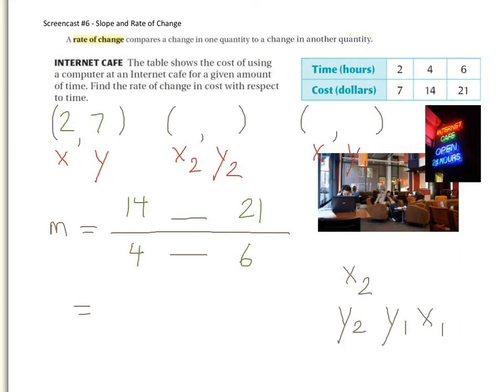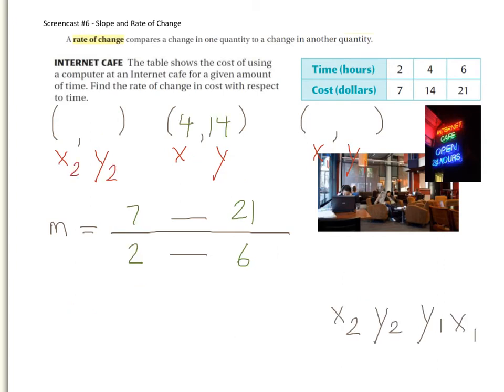Will they still get the same thing? 14 minus 21 is negative 7. 4 minus 6 is negative 2. And look, we still get 3.5. That is positive. Last one, folks, I promise. So what if somebody were to say, okay, the numerator is now 7 minus 21, and the denominator is 2 minus 6. Will we still get the same thing? 7 minus 21, negative 14. 2 minus 6, negative 4. Ah, but wait a minute.